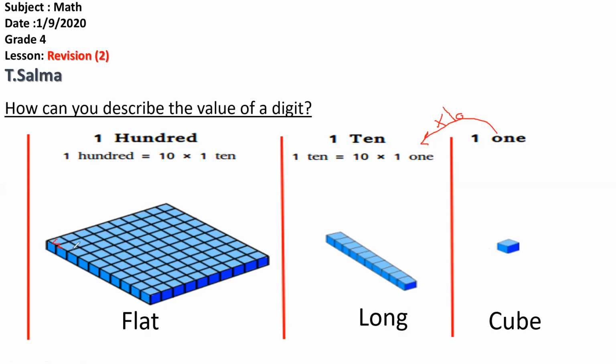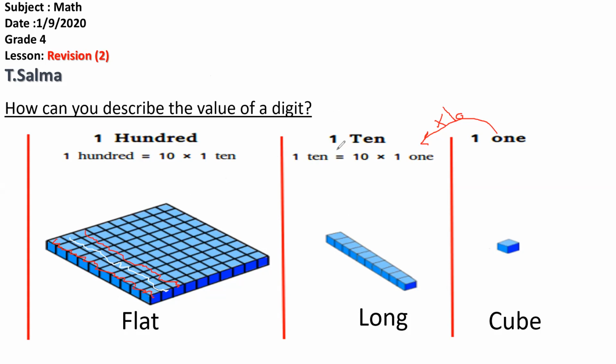This is one long, and this is another long, and another long. So to make one flat, I need 10 longs.